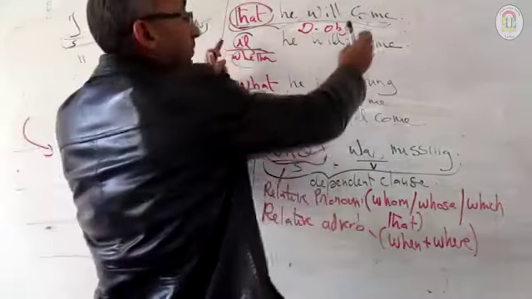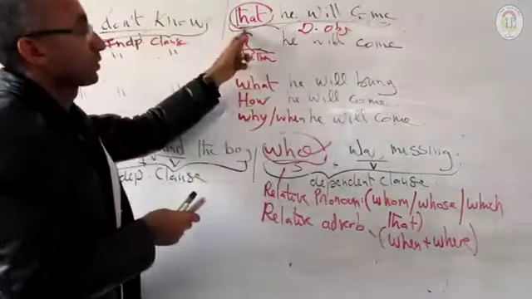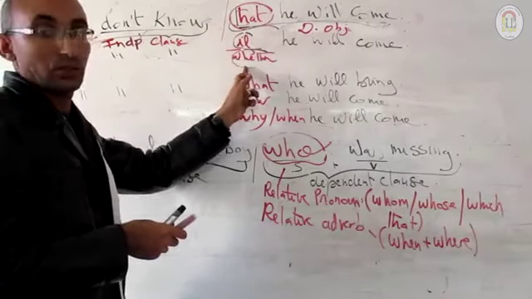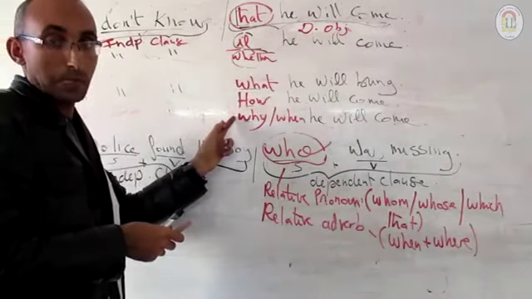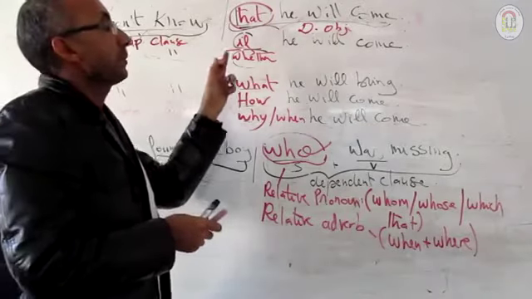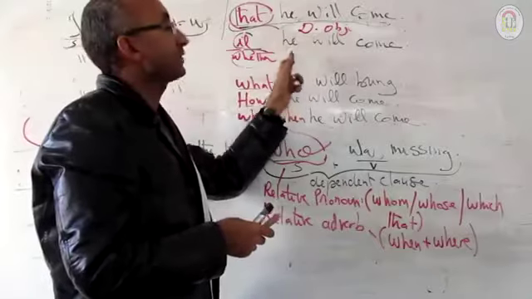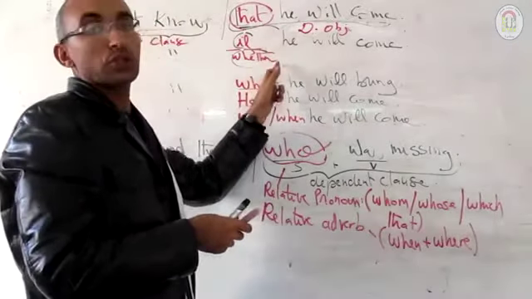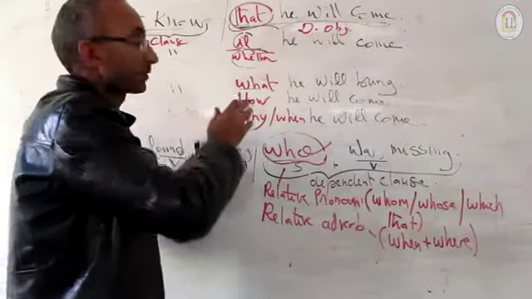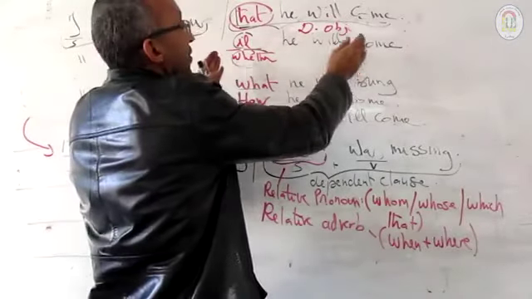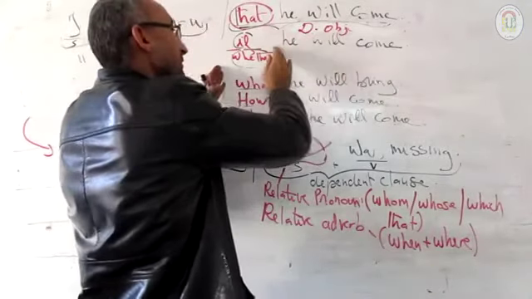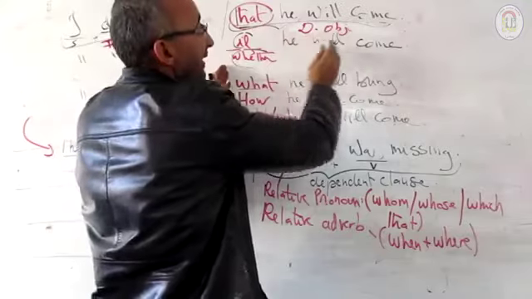So this clause, which starts with that, if, whether, or one of the WH words, is the answer of "what", my direct object, and it is a noun clause. Object is a noun.